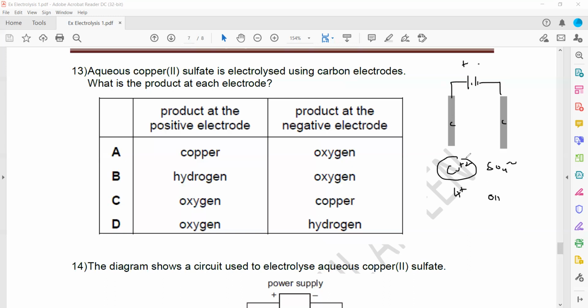So copper ions are attracted towards the cathode, so it will form copper metal. The product at the cathode will be copper metal, and sulfate, nitrate, and carbonate do not move, so hydroxide will move, and whenever hydroxide moves, it will give oxygen. So the product at the negative electrode will be copper, and at the positive electrode will be oxygen.